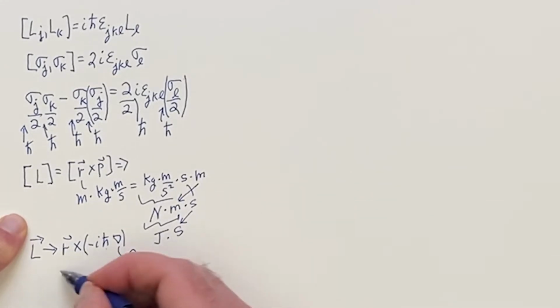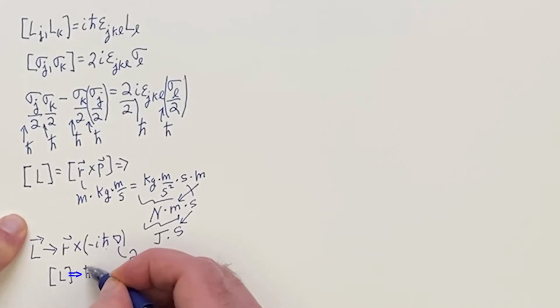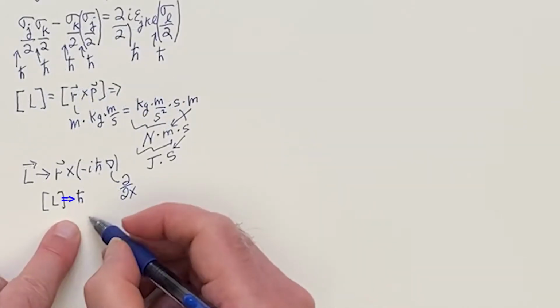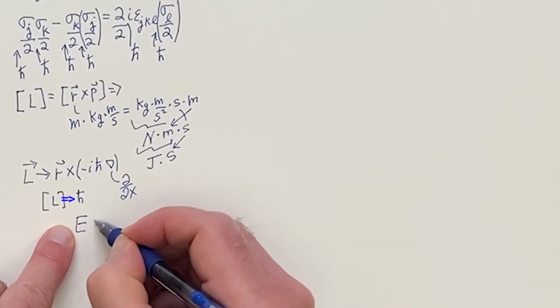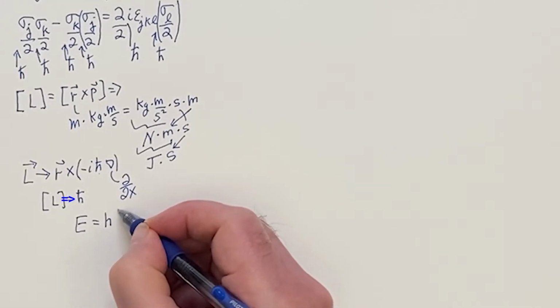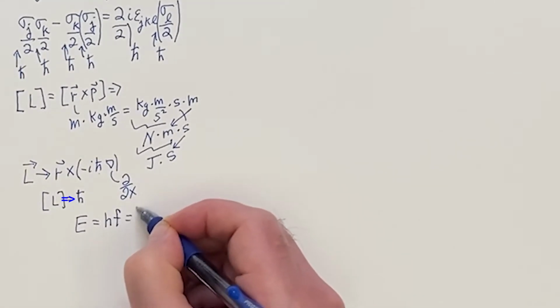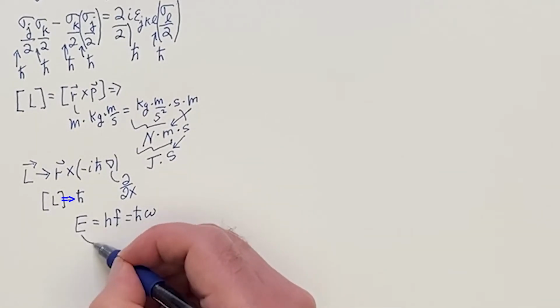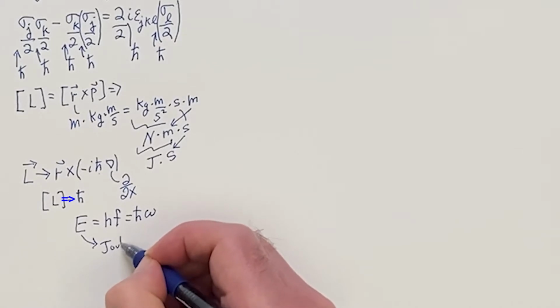So the dimensions of angular momentum are h bar, and let me show you that h bar has units of joule seconds. If you look at our formula that we did earlier, say the energy is h times f, or h bar omega, then this gets you joules.